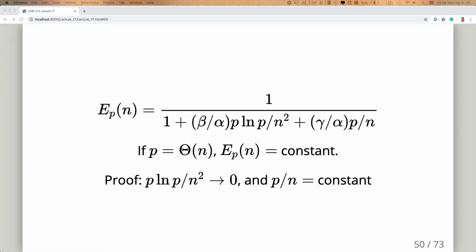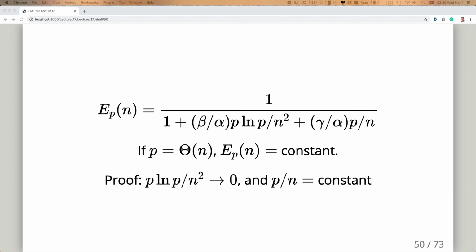So here is the efficiency we have for the row partitioning. And when I say I want to be isoefficient, I want E to be constant. So what does it mean? Well, for E to be constant, you want this expression here to be constant. So let's say that P is proportional to N. That's the answer.